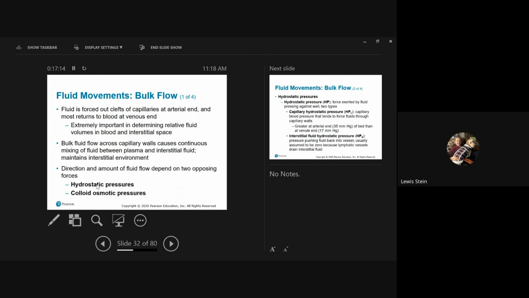So they oppose each other. When they're in balance, fluid doesn't come in and fluid doesn't go out. When they get out of balance, it's going to either force fluid out or force fluid in. At the start of the capillary beds, it forces fluid out. And at the end, with all that fluid out, it kind of reverses itself. Now that colloid osmotic pressure, the proteins still in the capillaries, they're pulling everything back in.